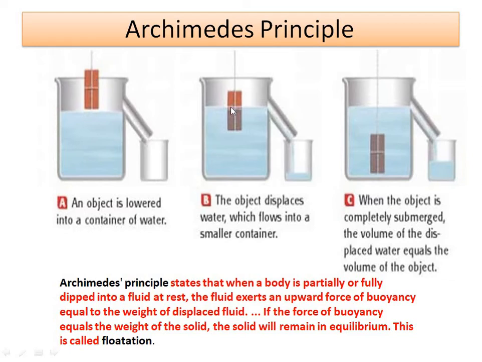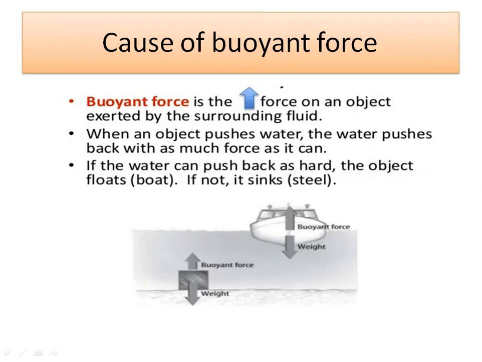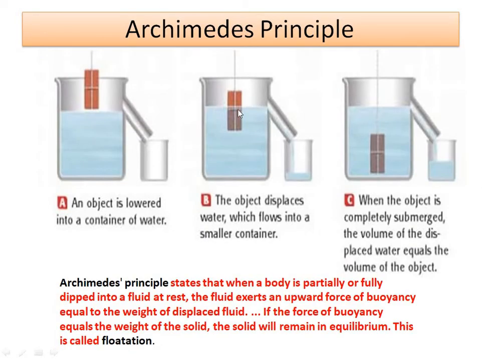When half of this wood plate is immersed, water is displaced due to the volume of the strip inserted inside the water. When it is completely immersed, the volume of this plate equals the volume of water displaced through this container and coming to this small flask.